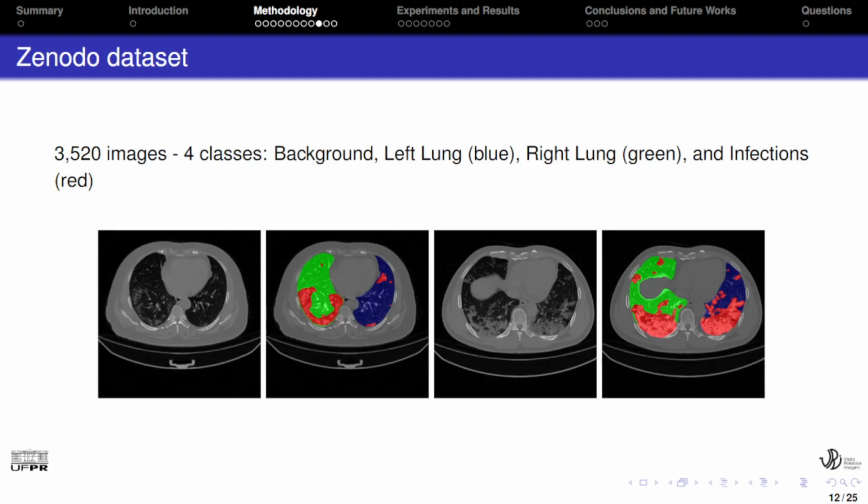The last dataset, called Zenodo, is an evolution of the MedSeg. It contains 3,520 images and has 4 classes: background, left lung, right lung, and infections. Also, this dataset does not present the problems of the MedSeg.